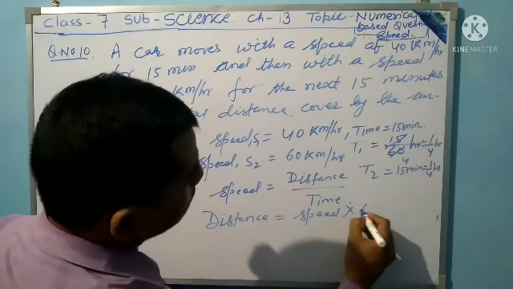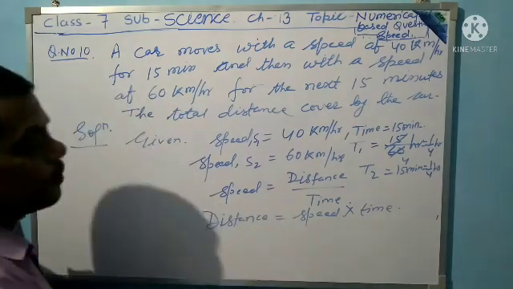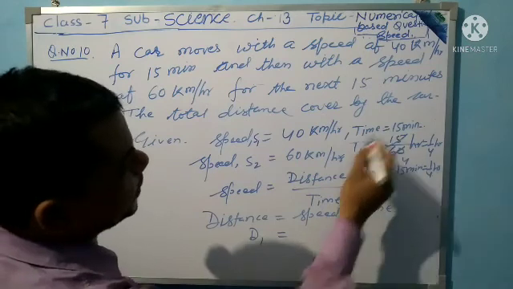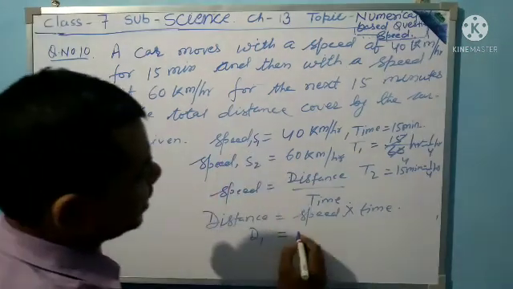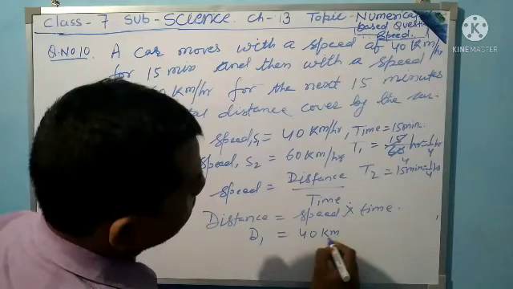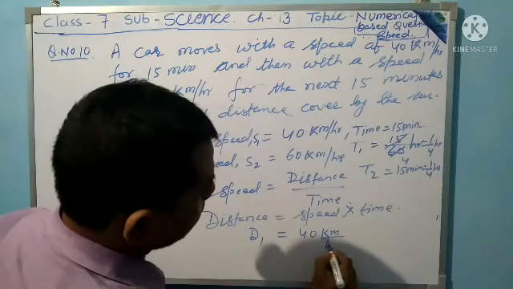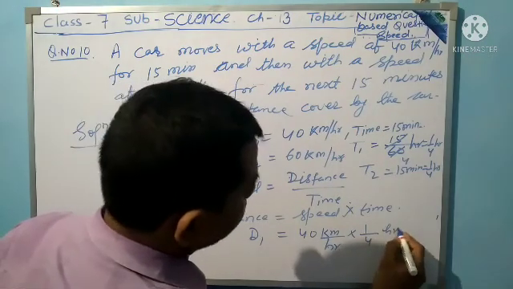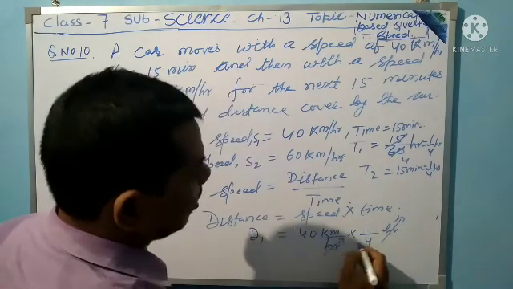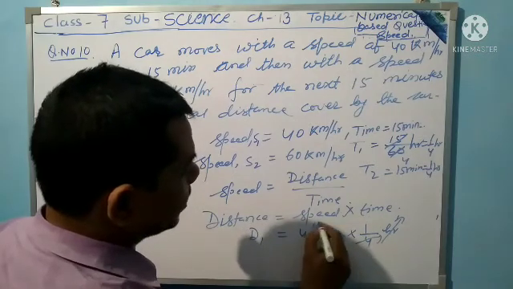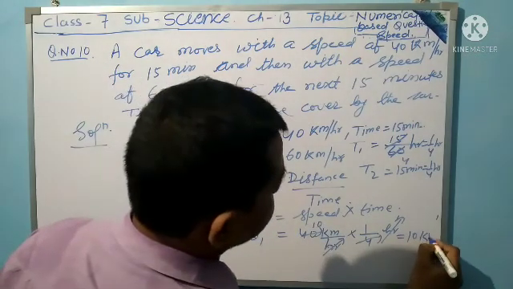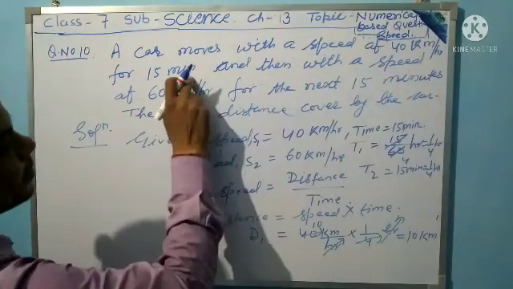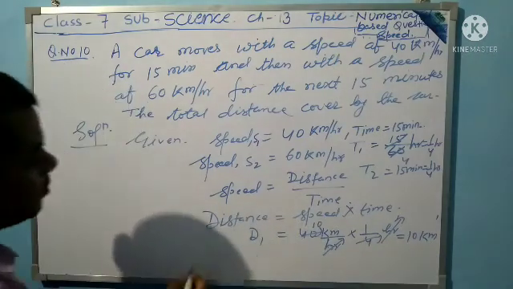To find the distance d1, in the first case the speed is 40 kilometer per hour and the time is 1 by 4 hour. Hour and hour units cancel out, and 4 into 10 is 40. So that is 10 kilometers. The distance traveled when the speed is 40 kilometer per hour in 15 minutes is 10 kilometers.